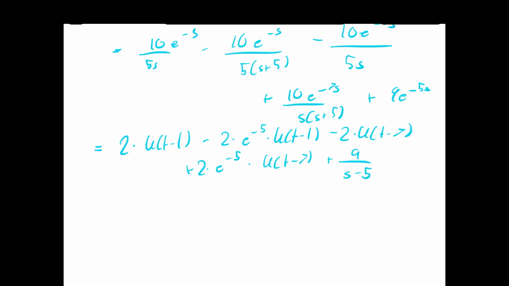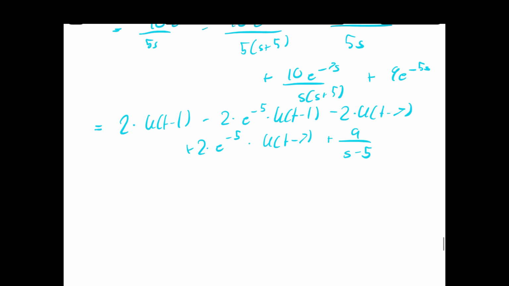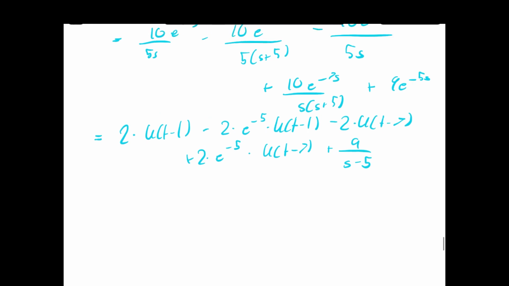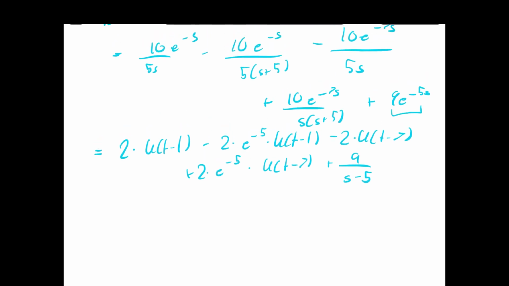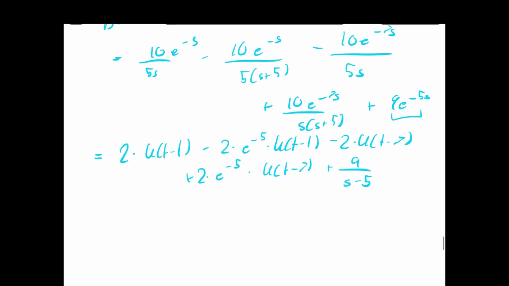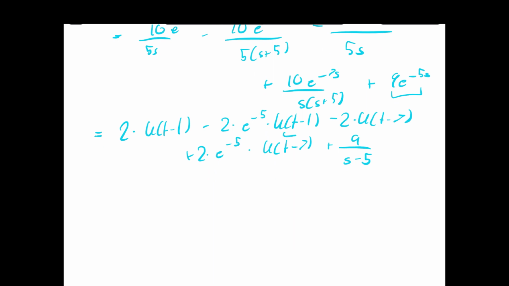And you're looking for this as your answer to part E. And for part D, when you factor out u(t minus 1), at least it was for me, f(t) is what I'm looking to enter.